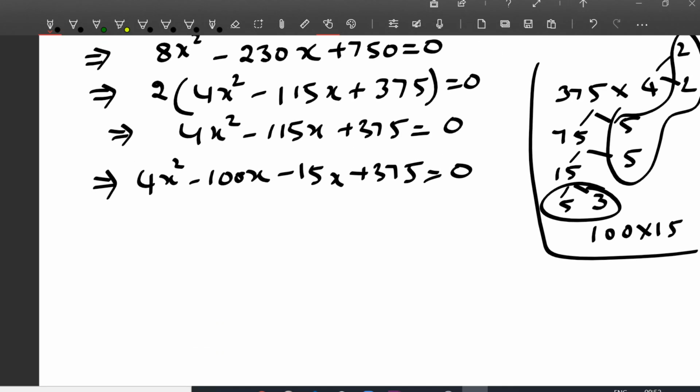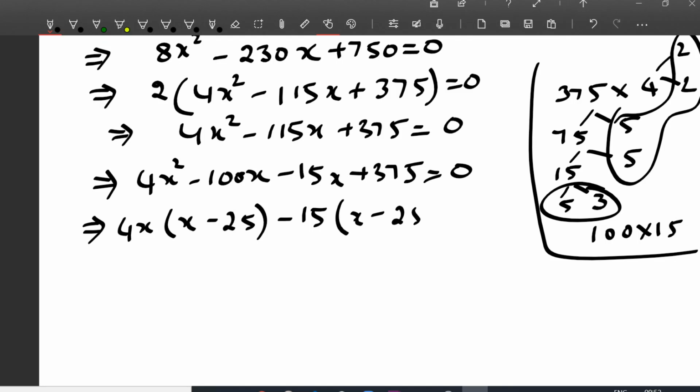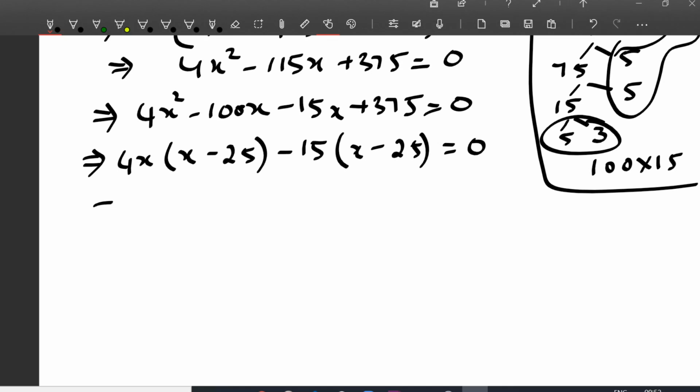Now when you take 4 common in the first two terms, so when you take 4 and x common, x minus 25, and when you take minus 15 common in the next two terms, x minus 25 is equal to 0. So we are getting it as x minus 25, which is common in both the terms, and 4x minus 15 equal to 0.